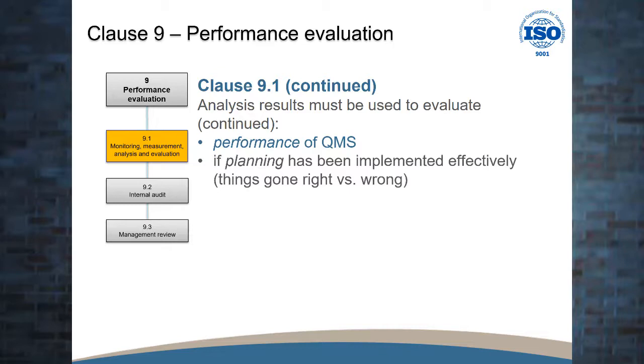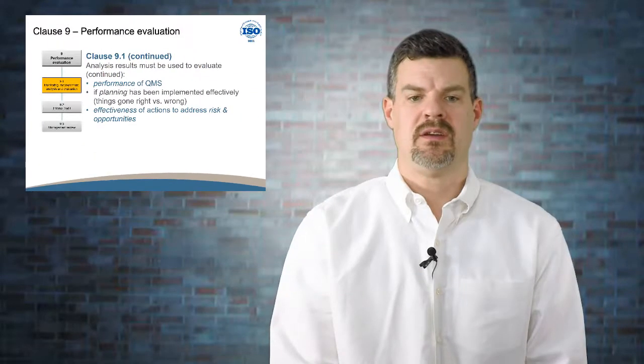If planning has been implemented effectively, again, this is kind of things gone right versus things gone wrong. Where have you done well in terms of overall planning, and where have you not done so well? Effectiveness of actions to address risk and opportunities.